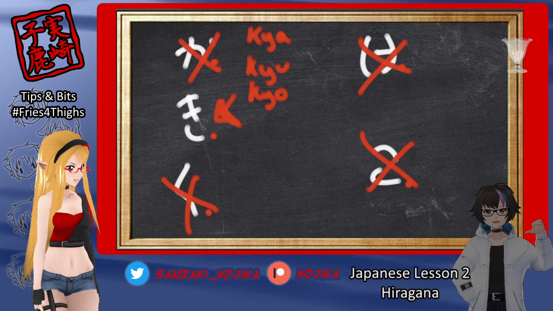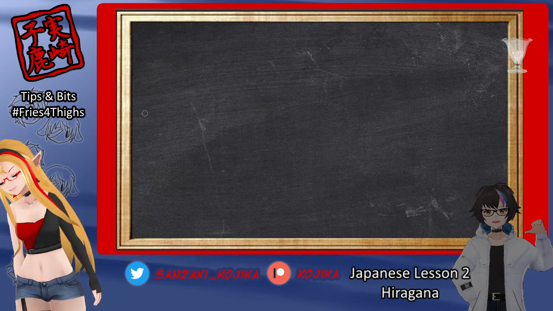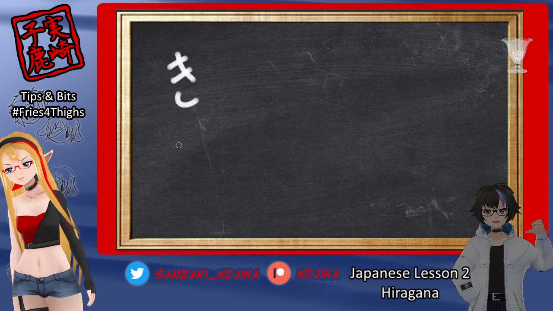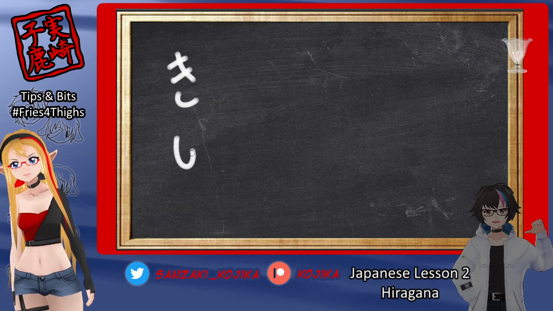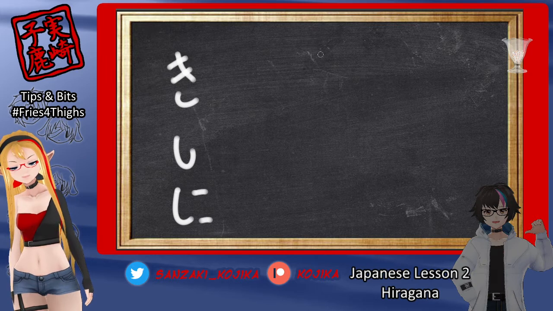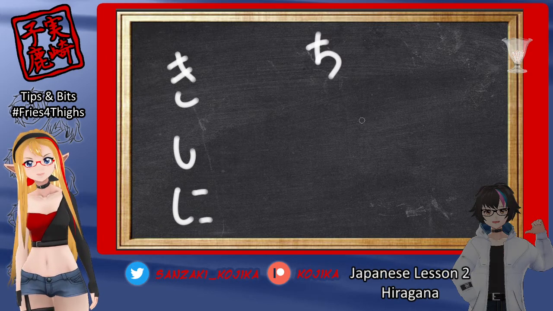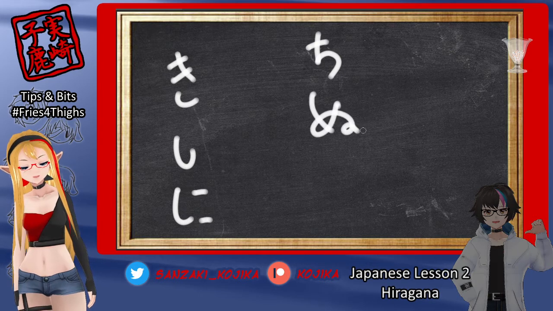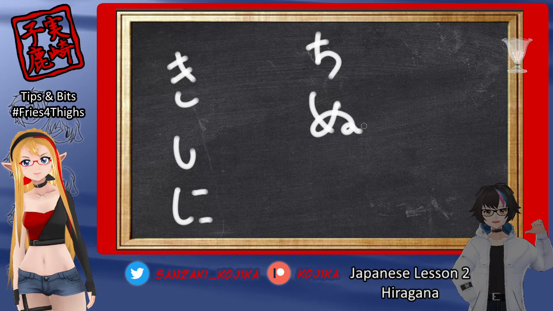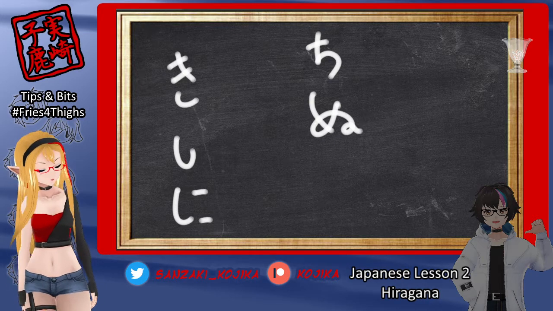So let me go back and do that. You will actually only see it with ki, shi, ni. Actually, you will see it with chi. I should do the t. Ni. Why did I do that? That's not new.